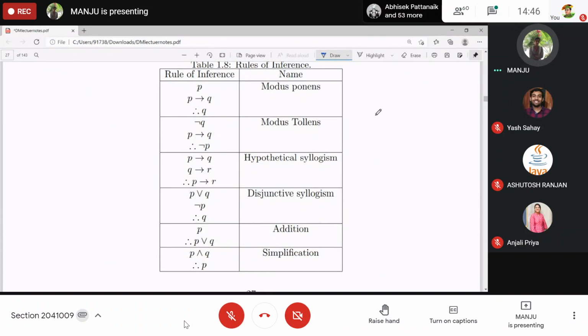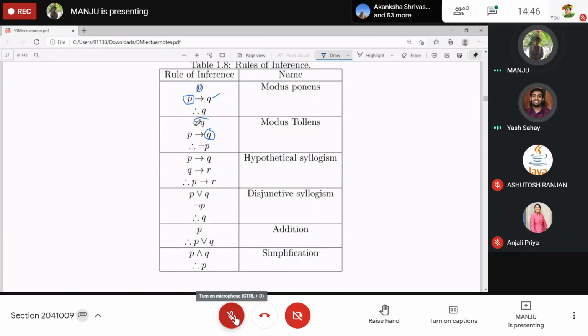Modus ponens: if you have P implies Q given as the first statement, and P, then Q is the conclusion. Modus tollens: if you have P implies Q and the negation of the conclusion part, the second one, then the negation of the first one.